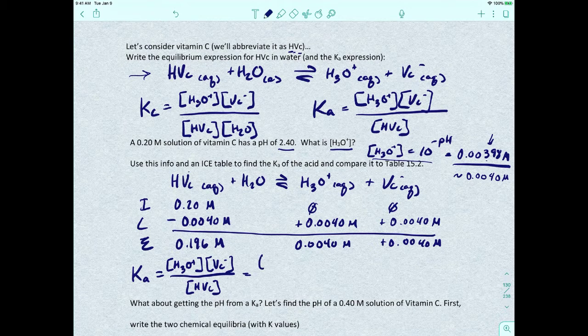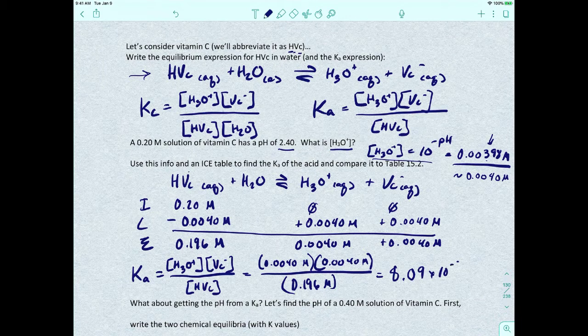Popping in our values, 0.0040 molar times 0.0040 molar, divided by 0.196 molar. If you multiply 0.0040 times itself and divide by 0.196, the value I got was 8.09 times 10 to the minus fifth.